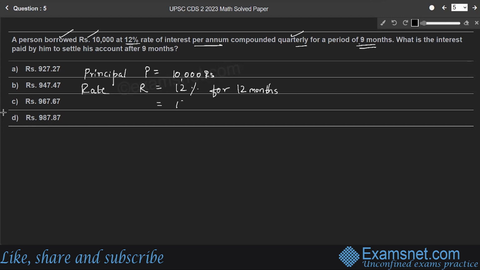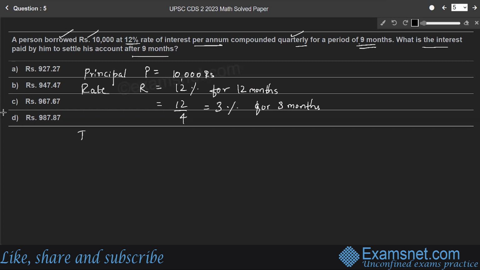So it is 12 by 4, which is 3% quarterly, that means 3% for 3 months. The question is to find the interest paid by him after 9 months.